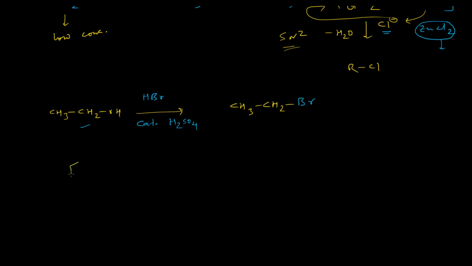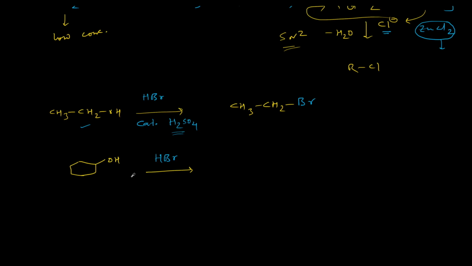But in case of secondary alcohols, we don't need any kind of catalyst, only HBr is sufficient. Why is this so? Because if we take the H2SO4, then since H2SO4 is a strong dehydrating agent, it will eventually lead to the formation of the corresponding alkene by abstracting one molecule of water from this system.